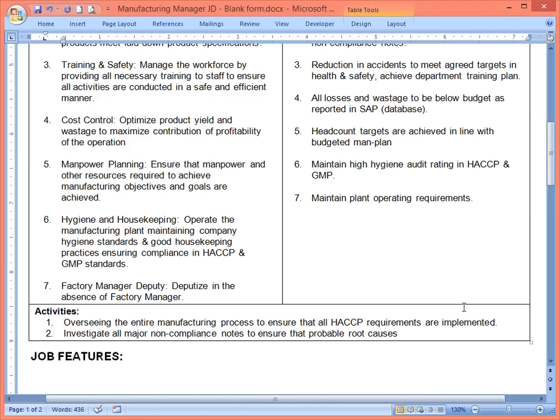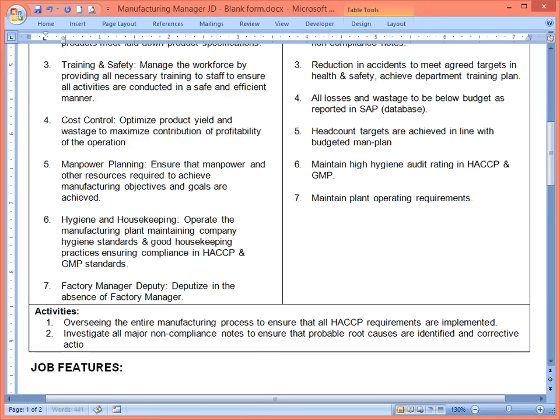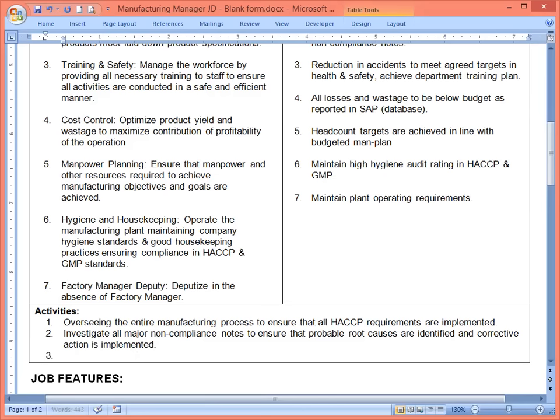Causes of what? Are identified, no? Are identified, and corrective action, part of your action plan. Corrective action is implemented.